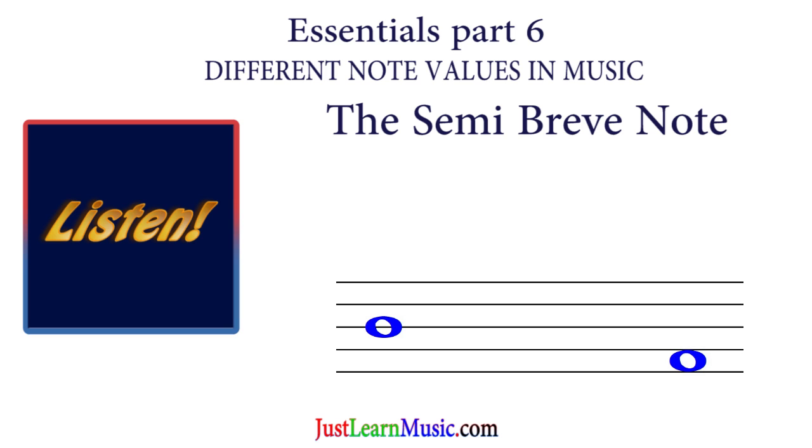For example, a semibreve note would sound something like this. La. If you noticed, I clicked 4 times while I sang only once. This is a semibreve note. It is extended across 4 different counts.